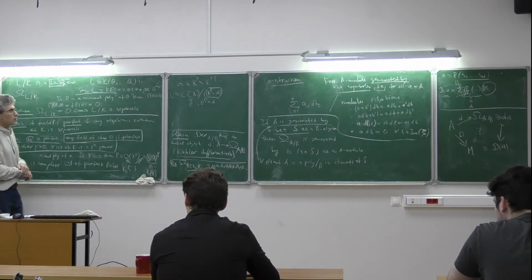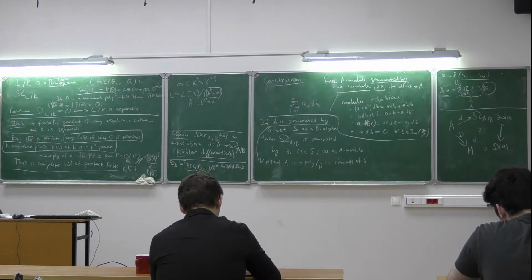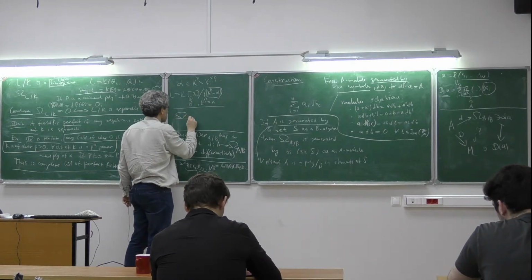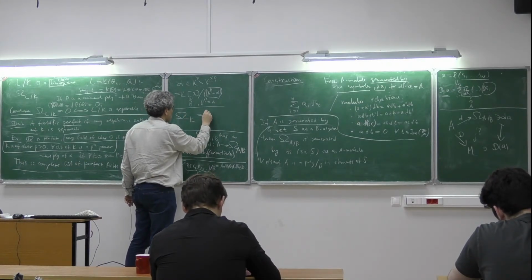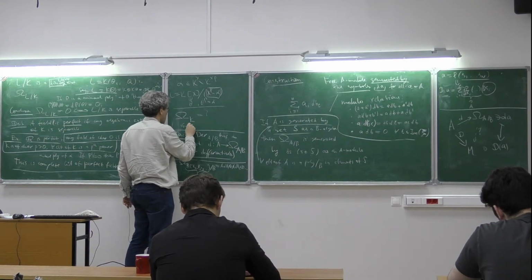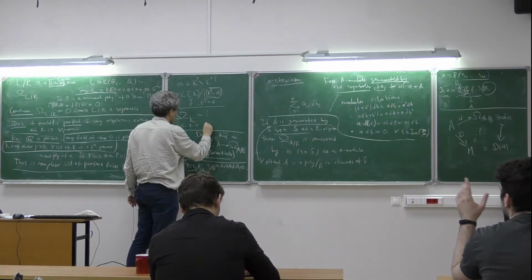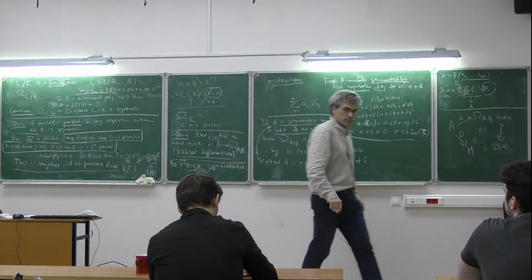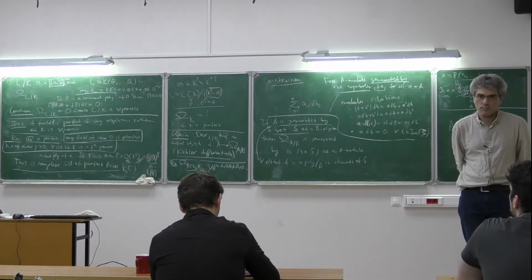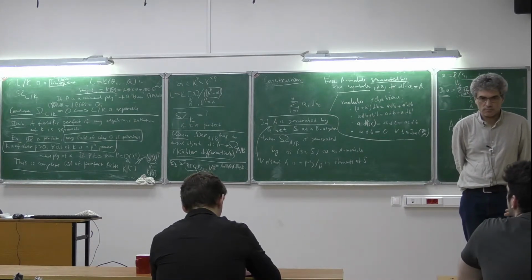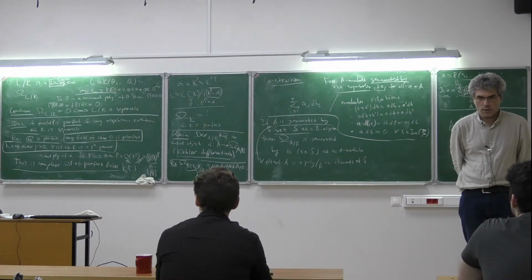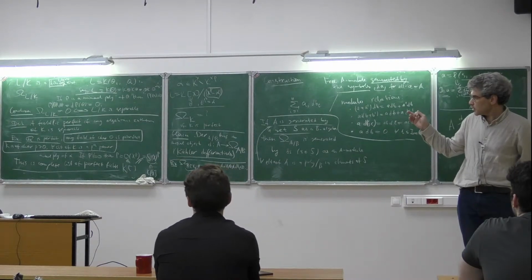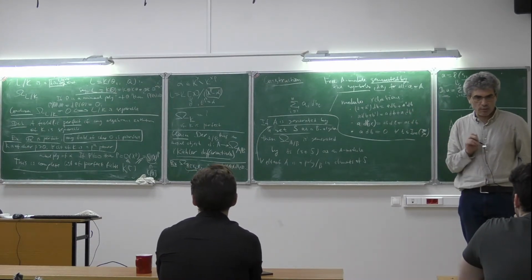Okay. Now, what I was going to ask you is, what are Kähler differentials if K is perfect? So the complete list of perfect fields consists only of fields of characteristic 0, and those fields of positive characteristic p where all elements are pth powers.